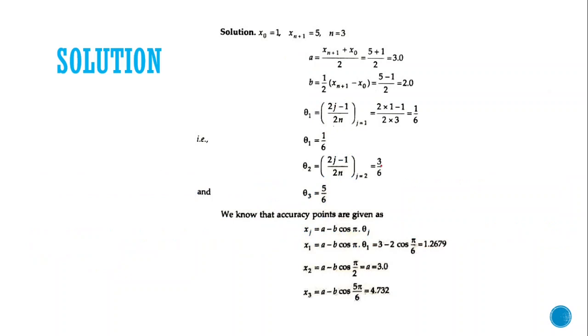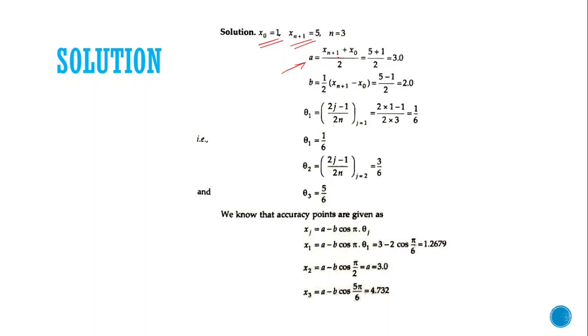Here is the solution. Here first x0 is given as 1 and xn plus 1 is given as 5. Here n is equal to 3. Number of precision points is equal to 3. Then we already know that A is equal to xn plus 1 plus x0 divided by 2.